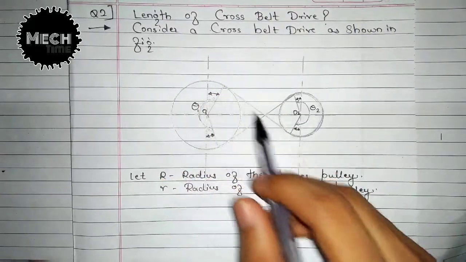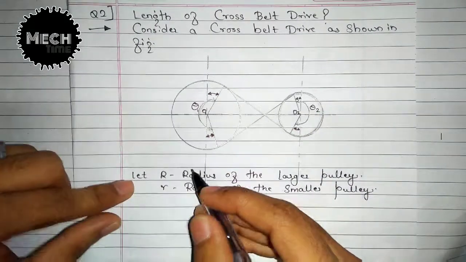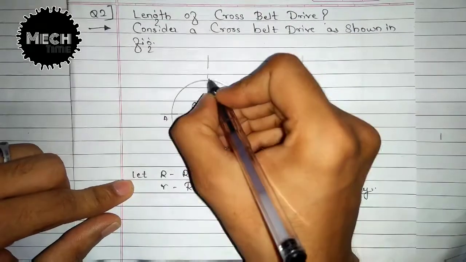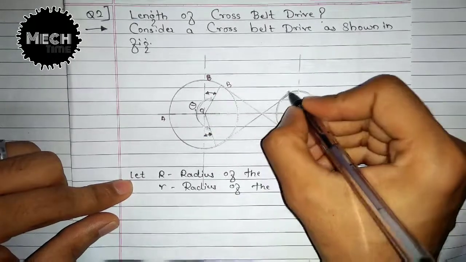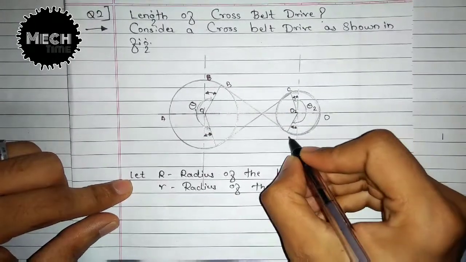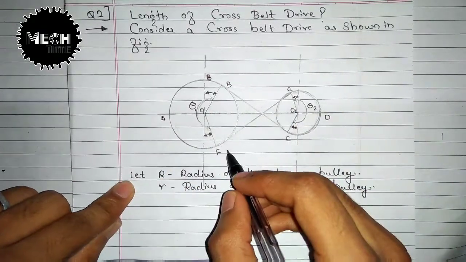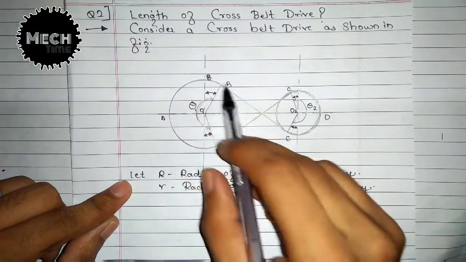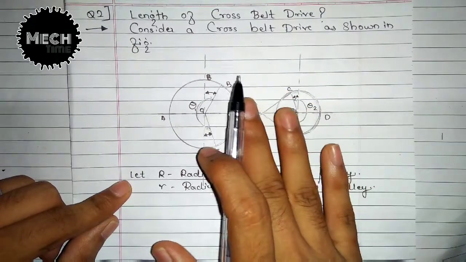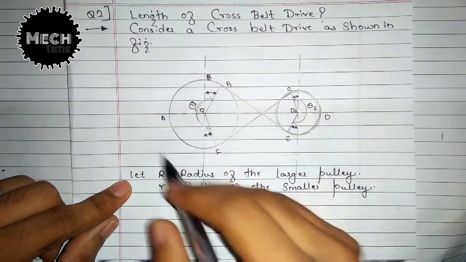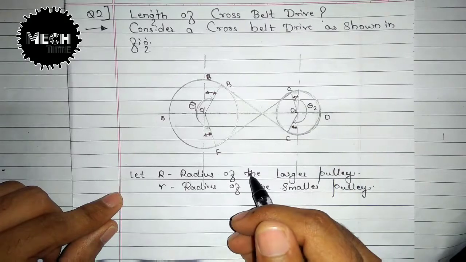First I'll give names to the points: this is A, this is B, C, D, E, and F. I need to get the values of these points, and then the length of the cross belt is done.